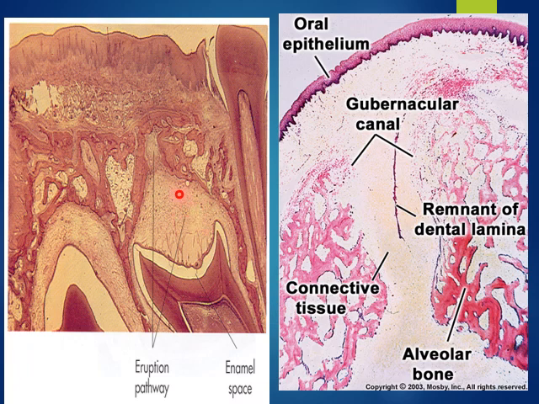During eruptive tooth movement overlying this tooth, this is the triangular space which occurs due to the function of the macrophage and osteoclast cells and also fibroblast cells, which degenerate the connective tissue, fibers, bone, blood vessels and nerves located here, forming this space to facilitate the eruption pathway.